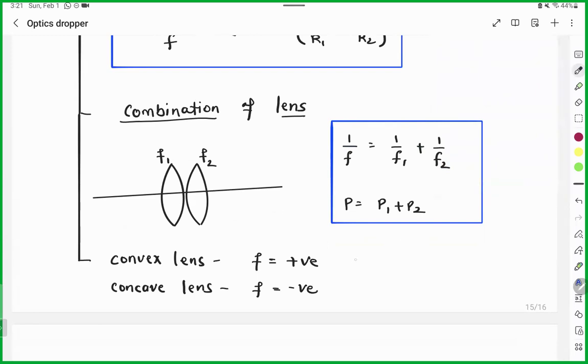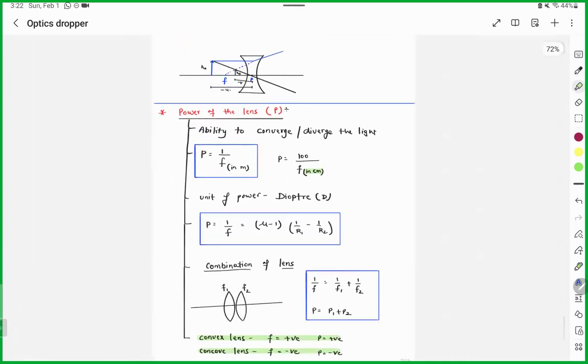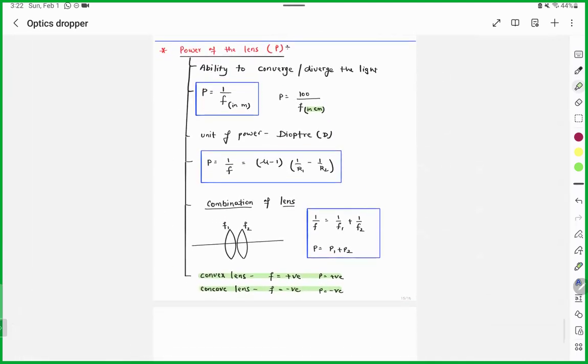If focal length is positive, then power will be positive. If focal length is negative, then power will be negative. Any doubt? But the addition will be the same. Got it, guys? Any doubt? See this properly, then we'll do two questions.